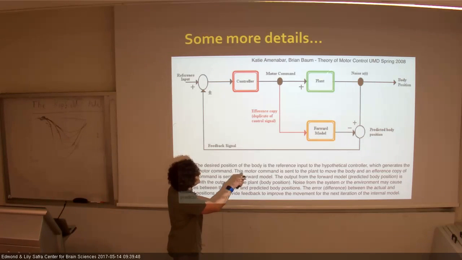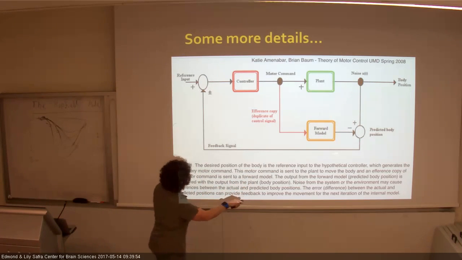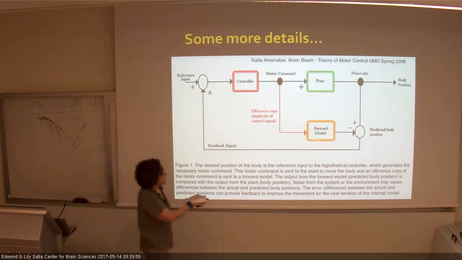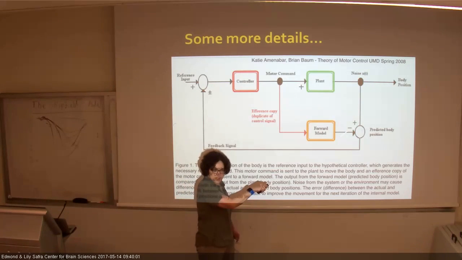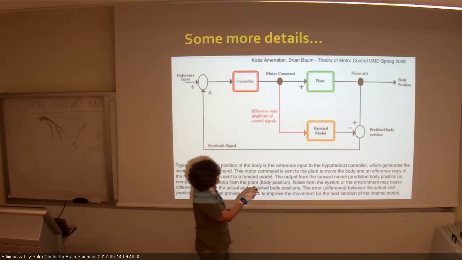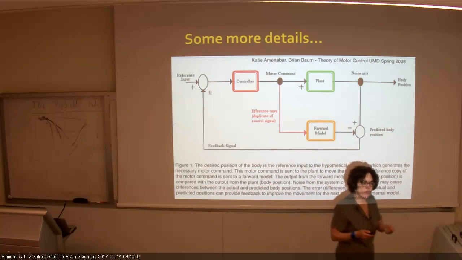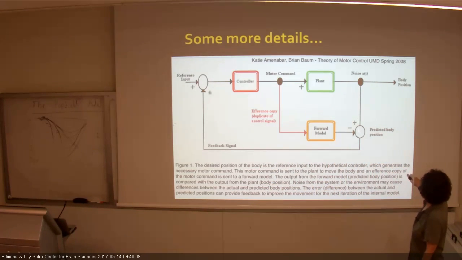And some combination of the output of the plant and the predicted position are being sent back as a feedback to the system. Now, you can see that there are differences in timescales here, right? Because the predicted model will actually be combined with the output of the plant that was generated a little bit before, right?